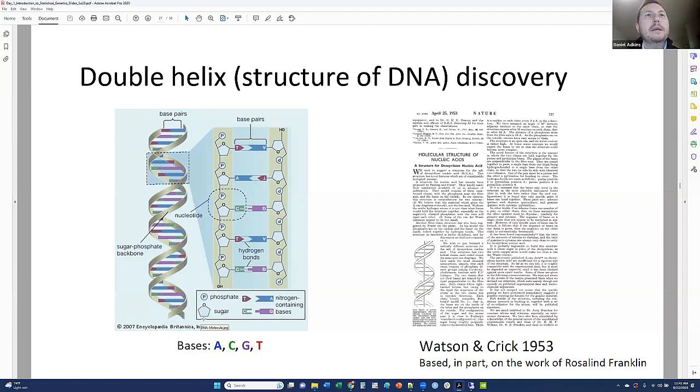And the G's and the C's always pair, and the A's and the T's always pair. And the sugar phosphate railing, they're just there to give structure to the whole thing. But really, from our perspective, we can think of the human genome or any organism's genome as a sequence of letters, the sequence of these 4 letters.